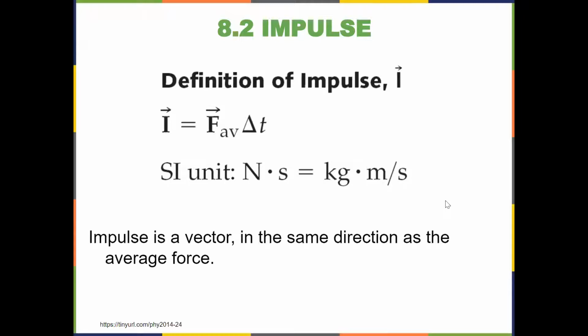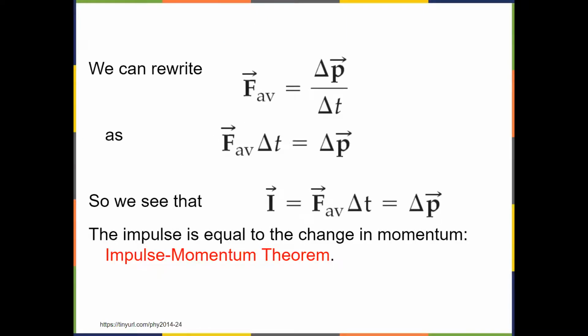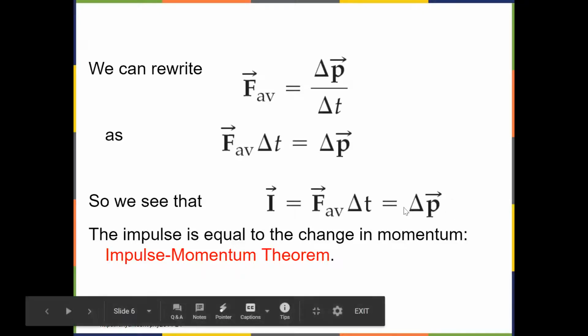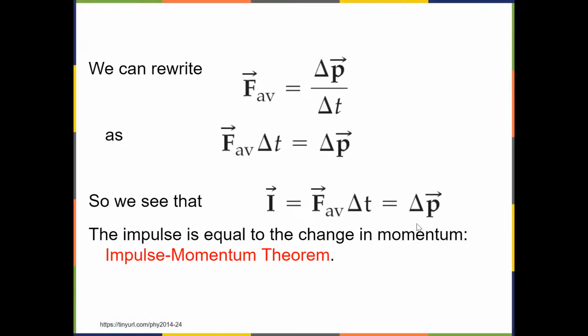The SI unit for impulse is newtons times seconds, and that's equivalent to kilograms times meters per second. And we'll see that in the impulse momentum theorem, okay? The impulse momentum theorem basically says the impulse that is being added to an object is equal to its momentum change. So I equals delta p, the impulse momentum theorem.